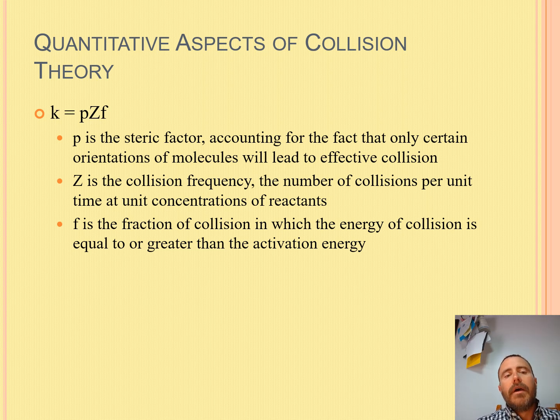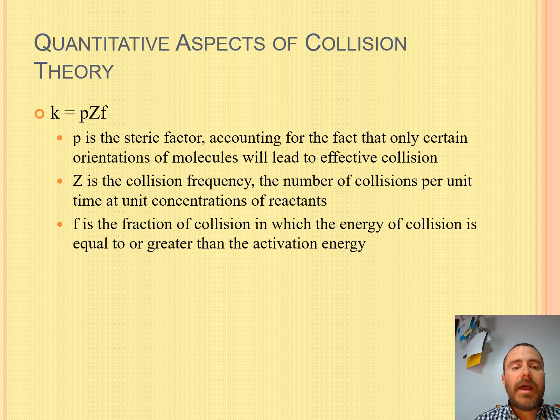Our Z is how often we have collisions. The collision frequency is going to be related to how much the concentration is of our reactants, and it's also going to be related to the temperature. The faster they're moving, the more likely there are to be collisions, or the more frequent the collisions are going to occur.